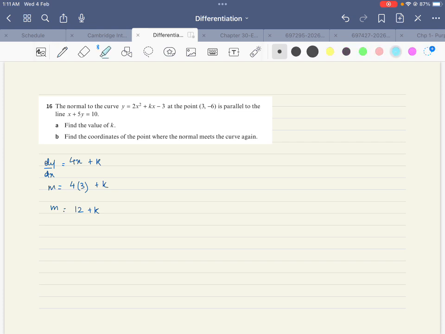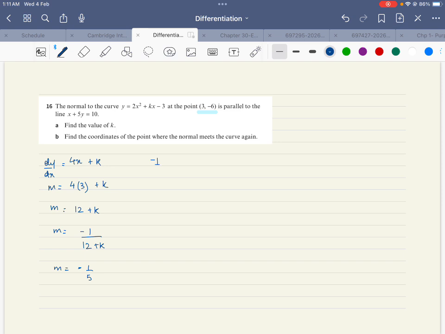Another condition is that the gradient of the normal to the curve at this point is equal to this. So the gradient that we are going to use is m equals minus 1 upon 12 plus k. But this has to be equal to the gradient here, which is minus 1 upon 5.